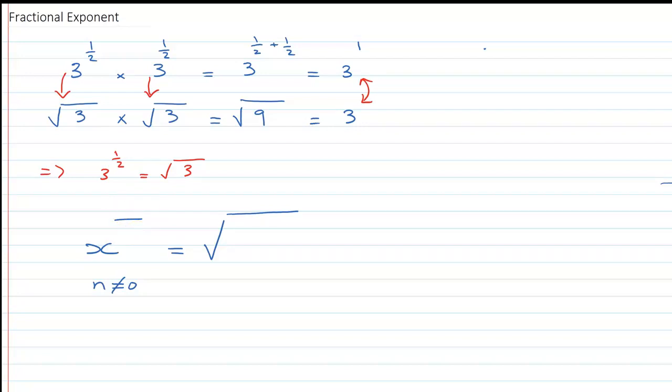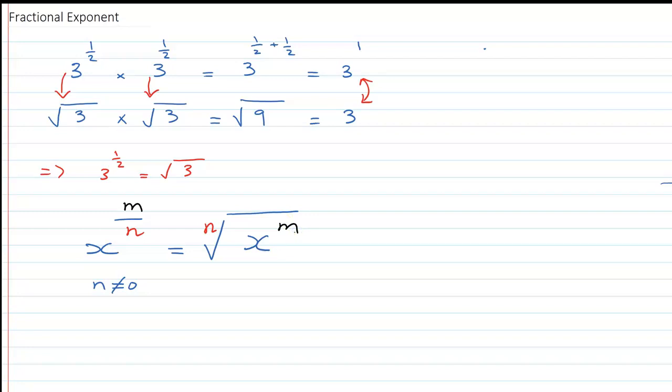Let's do m black, n red. So m divided by n. The n is the root, x is the radicand, and m is the exponent.